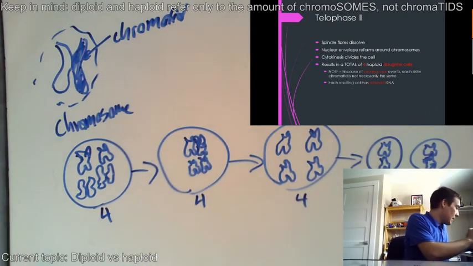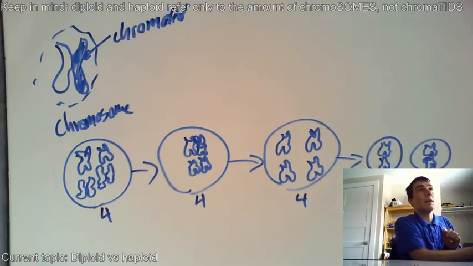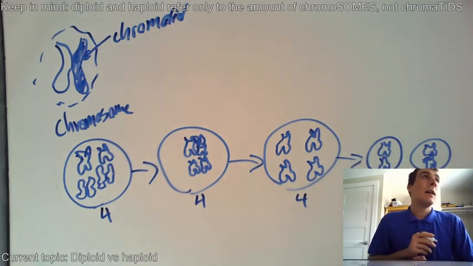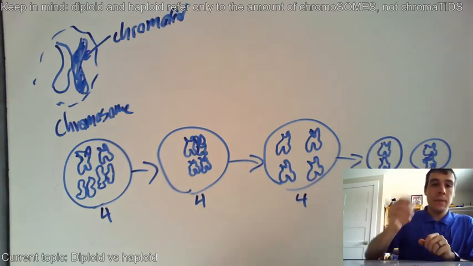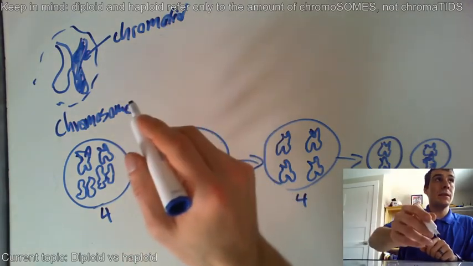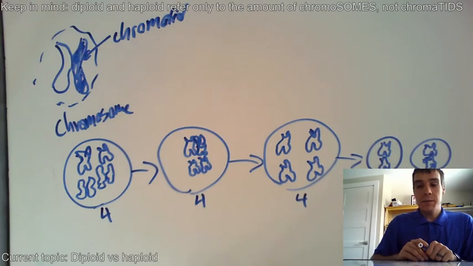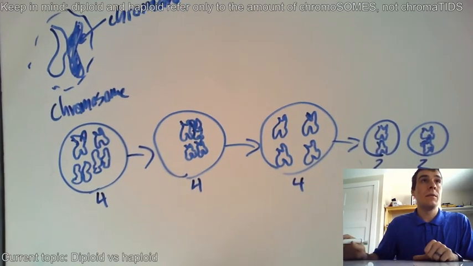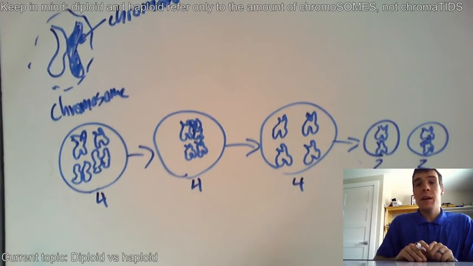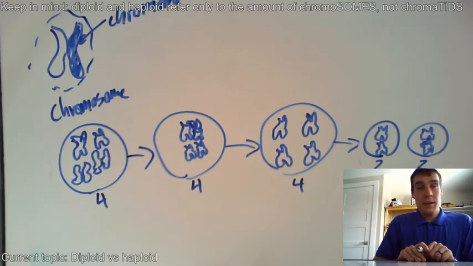You know, I'm going to take away the laptop screen. Let me do that. Right, chromosomes, not chromatids. So chromosomes still 4, but down here we're down to 2 and 2. All right, so 2 chromosomes, not 2 chromatids.